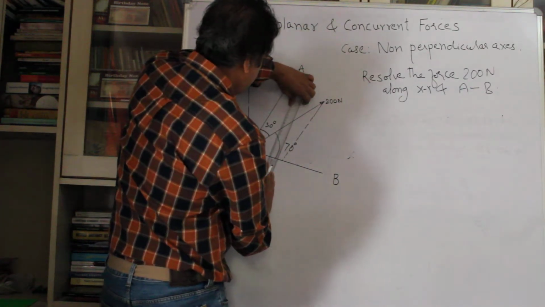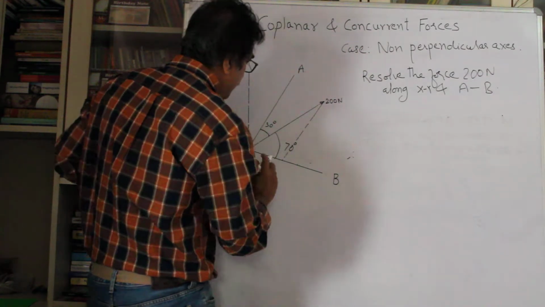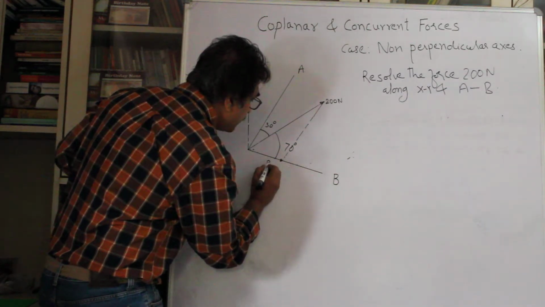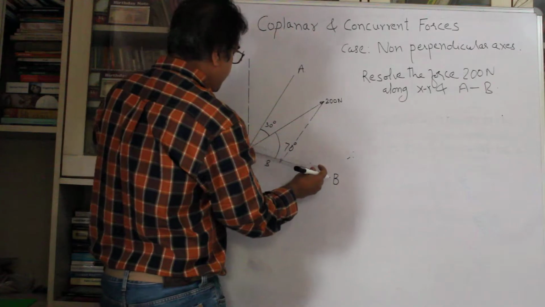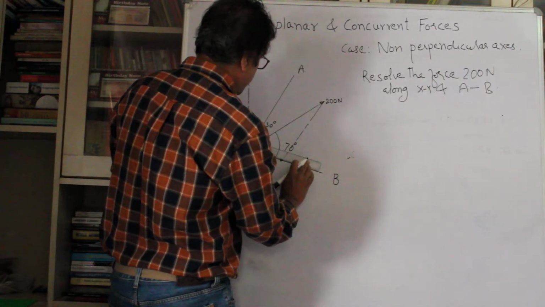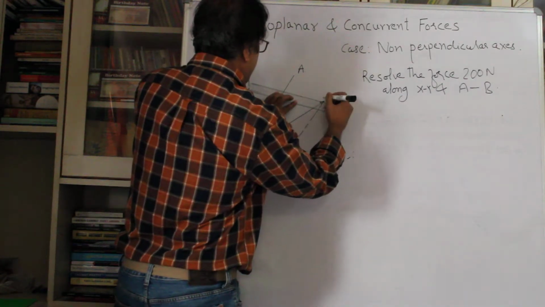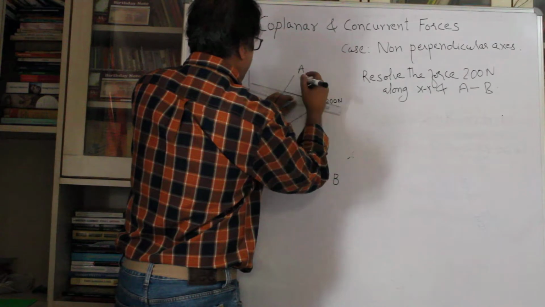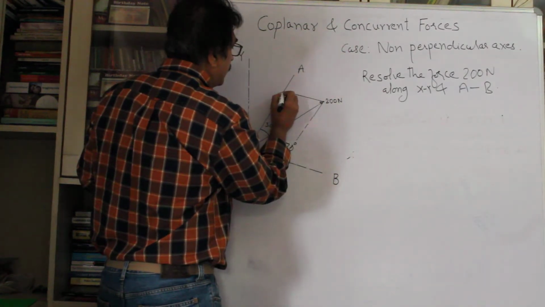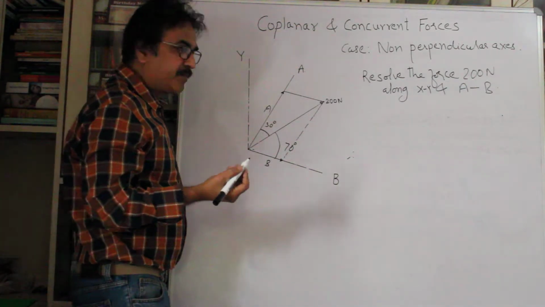This gives me B, the magnitude of B. Similarly, I'll draw a parallel. So this is A. So we have completed the parallelogram.